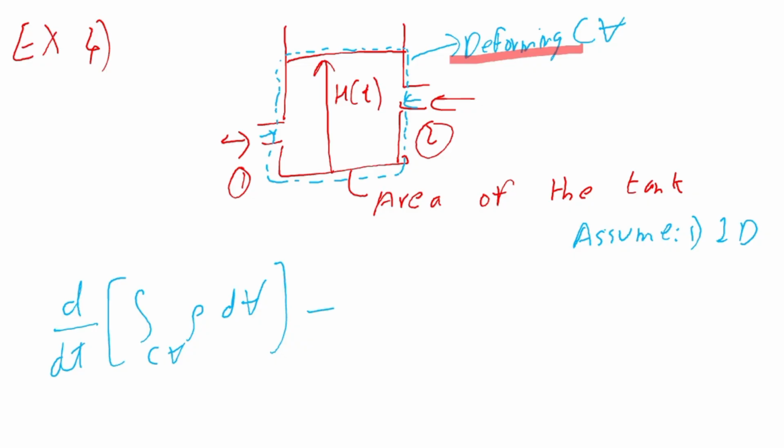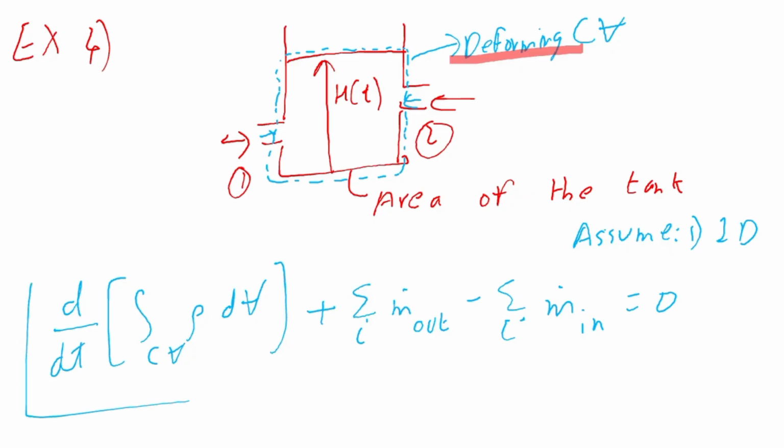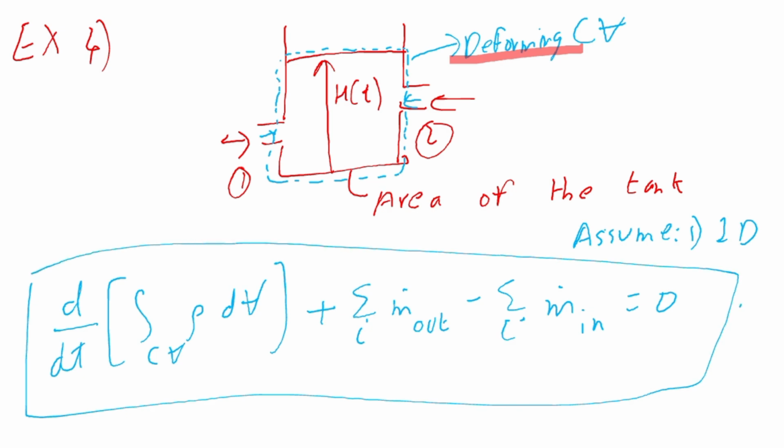So if it's 1D, you have the sum of mass flux of all the outlets minus the sum of mass flux of all the inlets is equal to 0. Okay, so this is the equation that you're going to use to solve this problem, right?